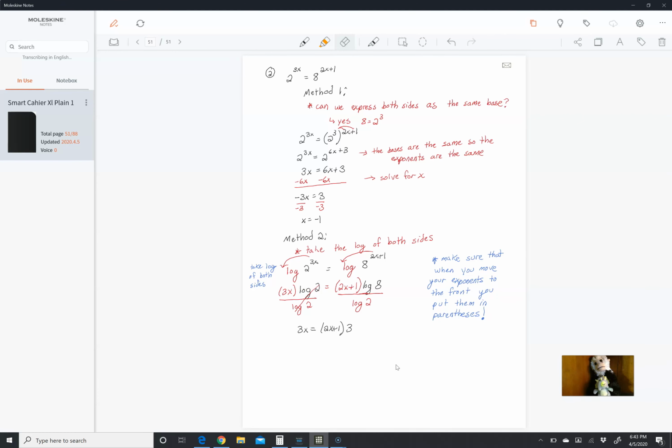So what we did is we divided both sides by one of the logs. So this is our 1. Our 2 was to move the exponents.